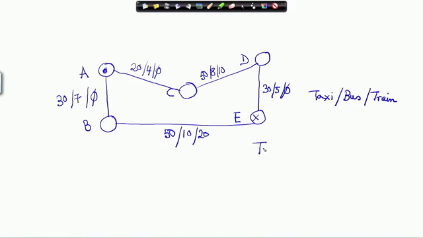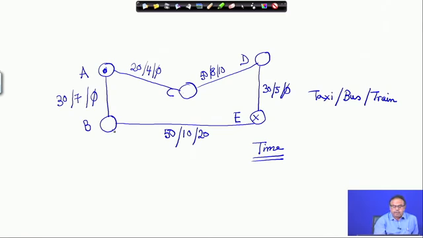What are the constraints that we can have in this problem? The constraint will be satisfying the time, how fast I can move. I have not shown the time information here, that time information should also be kept here. For example, from B to E by taxi it takes 50 rupees and say takes 20 minutes, and by bus 10 rupees, but it takes 40 minutes, and by train is 20 rupees, but it takes 10 minutes like that.